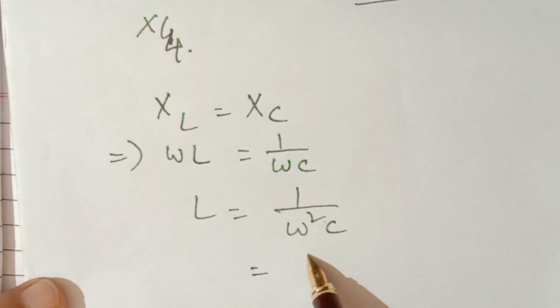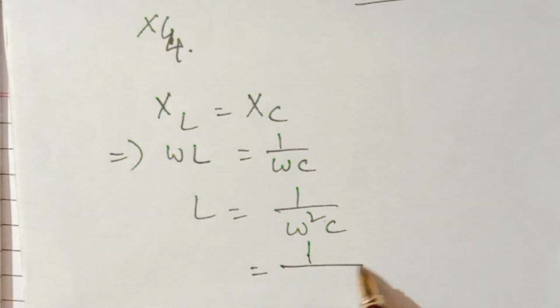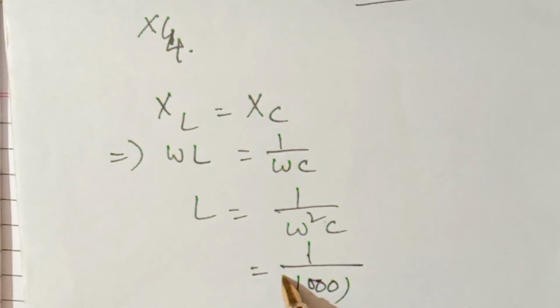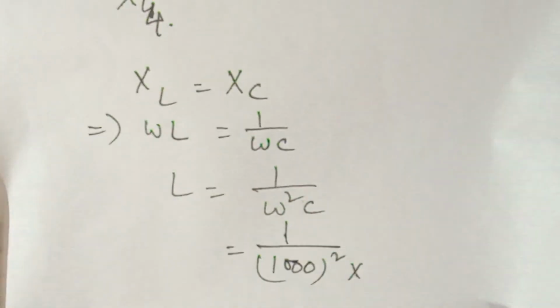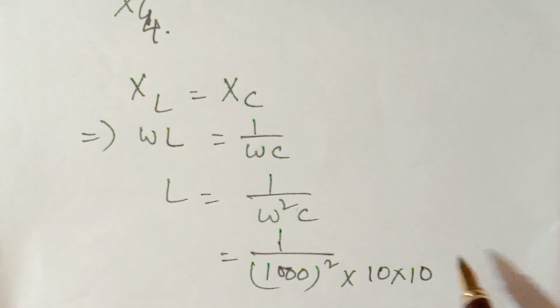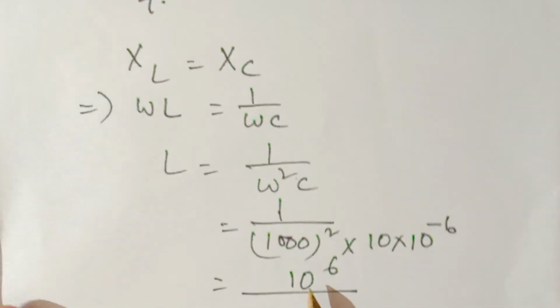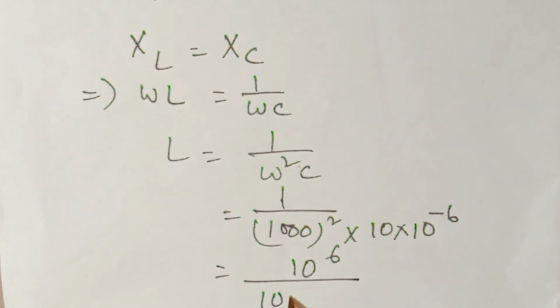So if you put the values, then you will get 1000 square into C. How much is C? 10 microfarad, 10 into 10 to the power minus 6. Then 10 to the power 6 you can take up, and here 10 to the power 6 into 10.